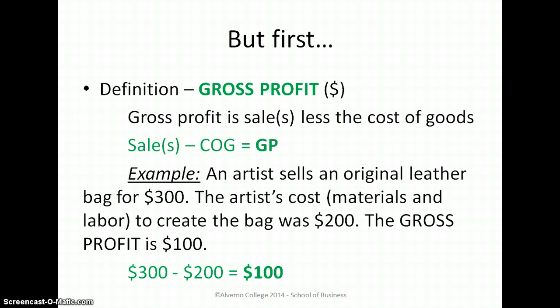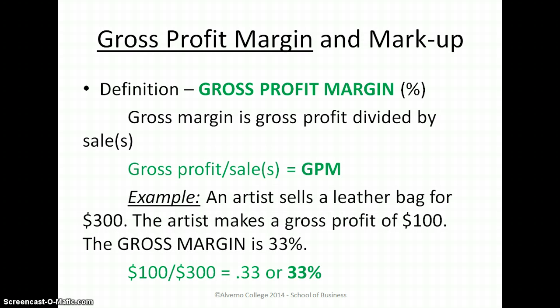So that's gross profit. If we look at gross profit margin, now that's percentage, not dollars or currency. Gross margin is gross profit divided by sales. So if we take the same artist example, the artist sells a leather bag for $300. The artist makes a gross profit of $100, which we saw in the previous slide.